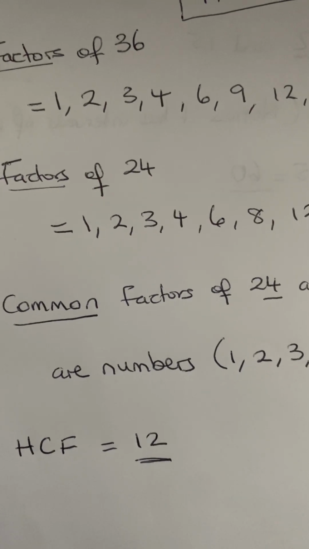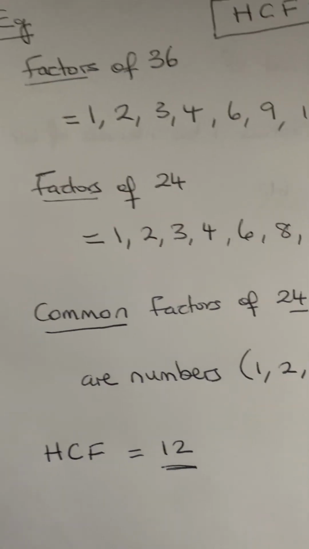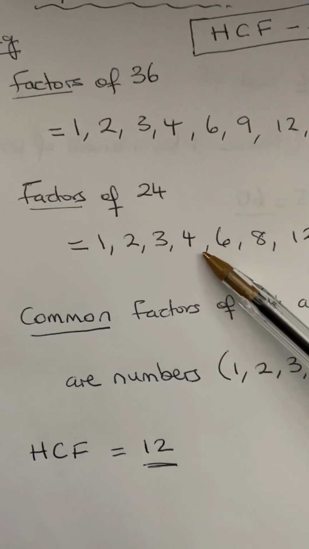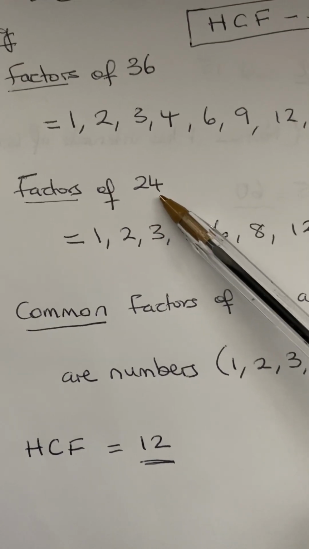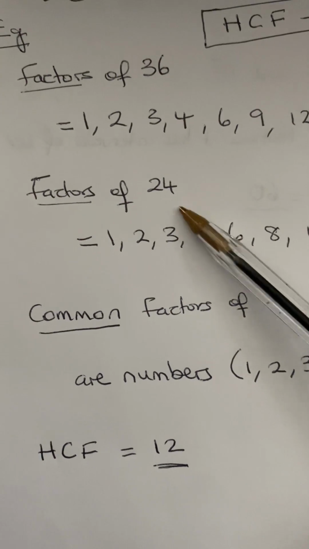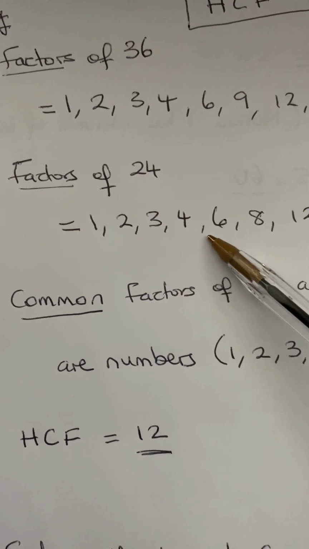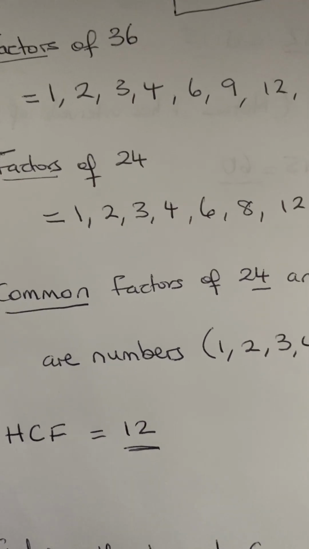The clue is we do not want decimals or fractions. So assuming I list 5 as a factor of 24, it's not right, because 24 divided by 5 is 4, remainder 4.